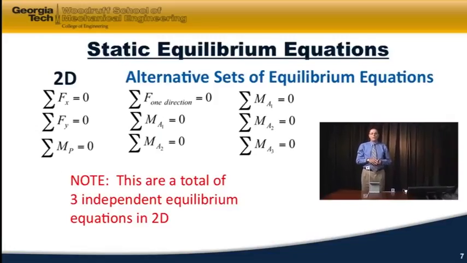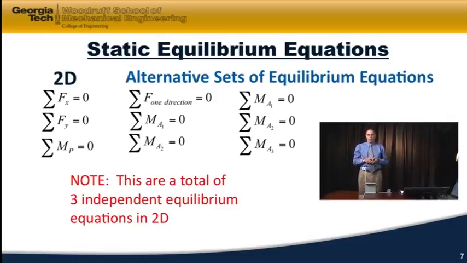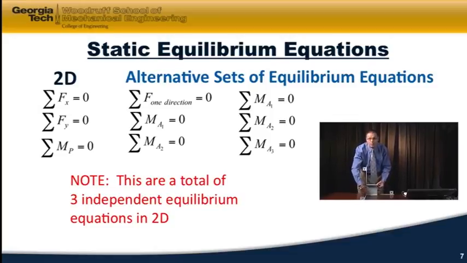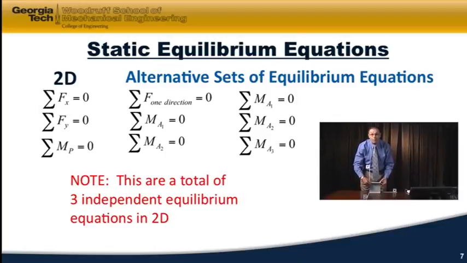And so that leads to an alternative set of equilibrium equations as well. So let's just talk about two dimensions. There's three independent equations. We talked about the sum of the forces in the x and y and the sum of the moments equal to 0 about a point P. But now you could also use an alternative set of equilibrium equations, which would be the sum of the forces in any direction equal to 0, so maybe some arbitrary direction in the xy plane.